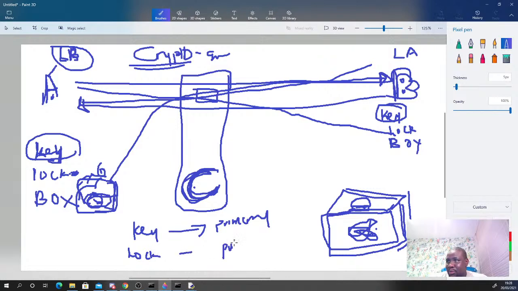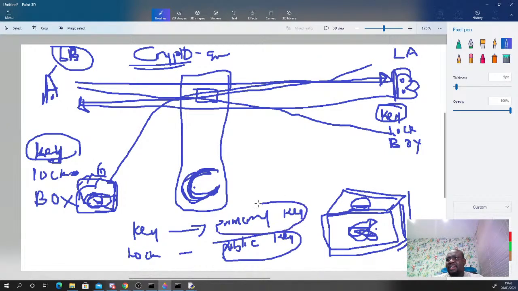These are not real life things, so in computing we call them private key and public key. Now, this private key and this public key in computing can be the same thing.